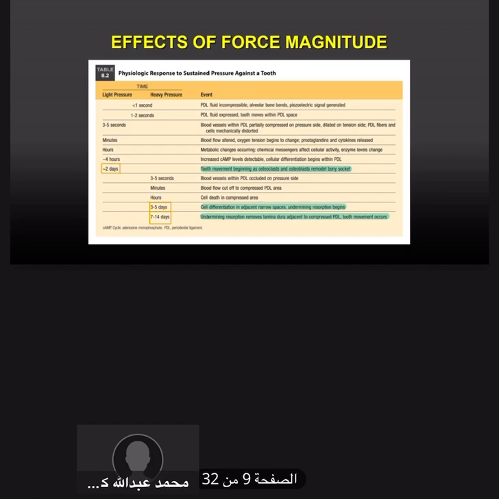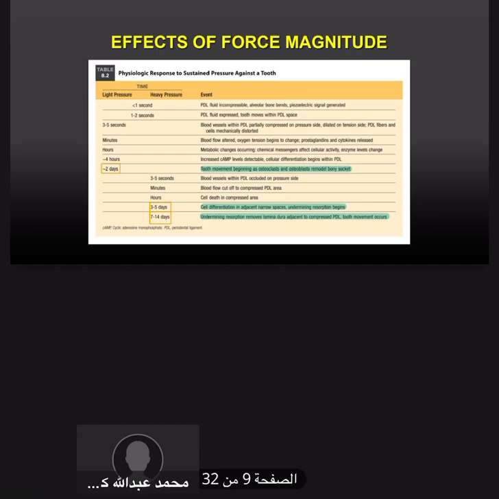This is very important. In 4 hours, if the light pressure is applied in a sustained manner, the cyclic AMP levels increase and are detectable. Cellular differentiation begins within the PDL, meaning the undifferentiated cells will begin to differentiate into osteoclasts, which in turn results in resorption of the bone towards the pressure side, the compression side, right?